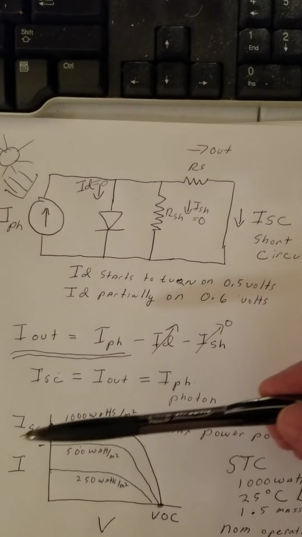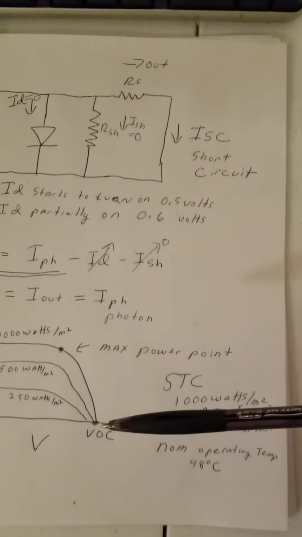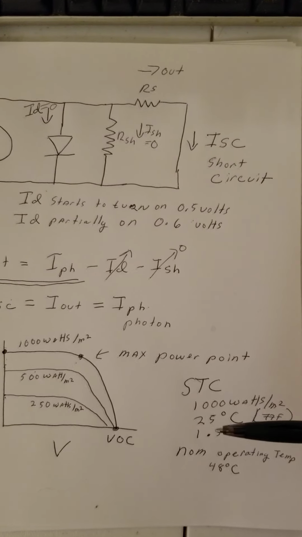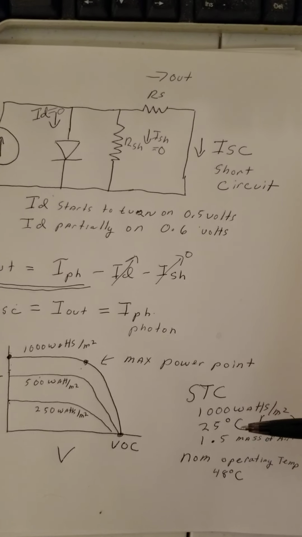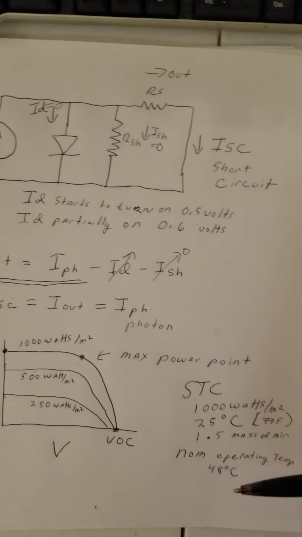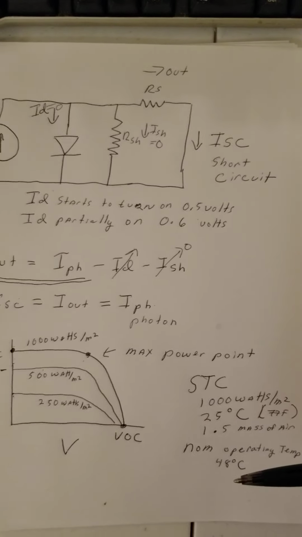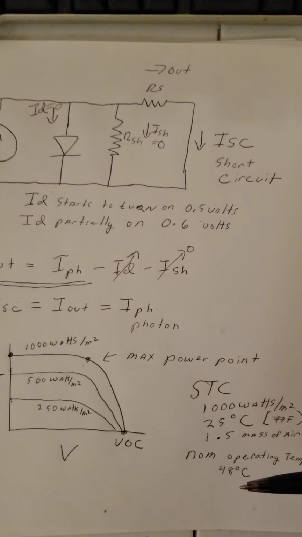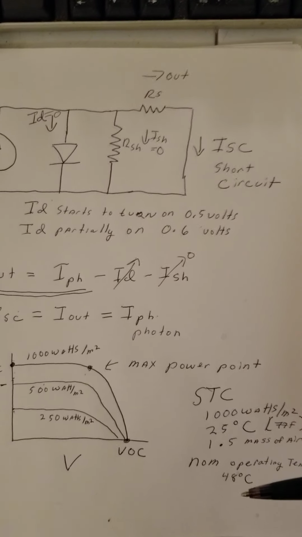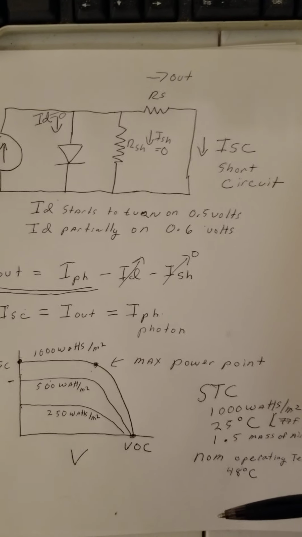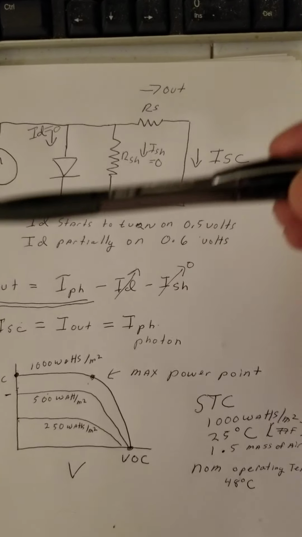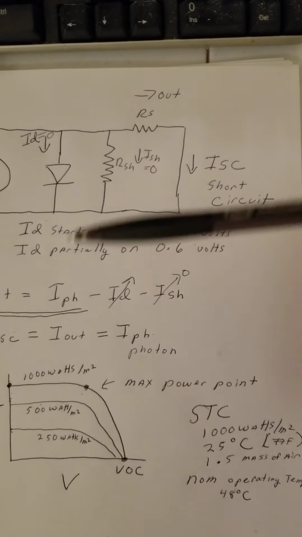Now, what's really misleading about all this is the standard operating temperature is assumed to be 25 degrees C. On the back panel, they'll also give you a nominal operating temperature, and that's what is expected to happen when you run this solar panel in the open circuit voltage mode.